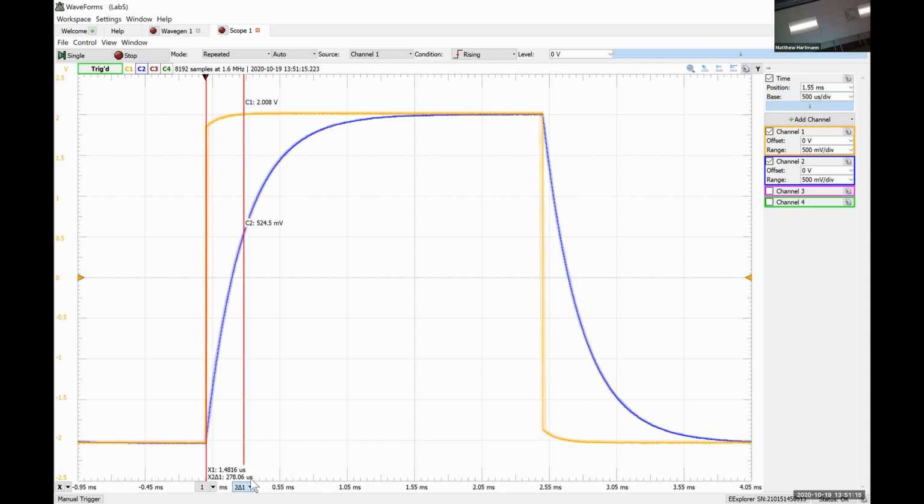Now, because Eric over there asked a very good question, whether we had a capacitor or inductor, what inductance would we need to put in to get this exact same time constant?